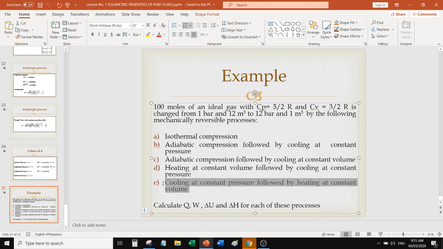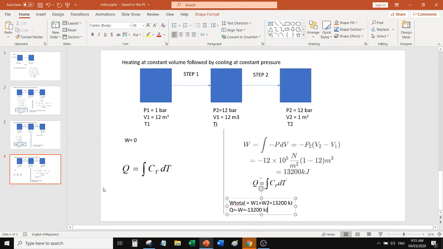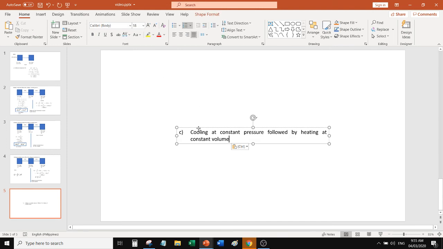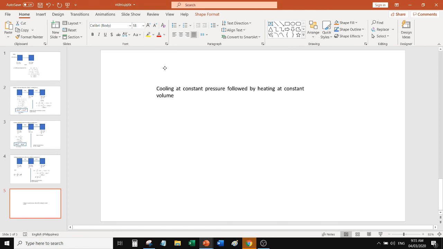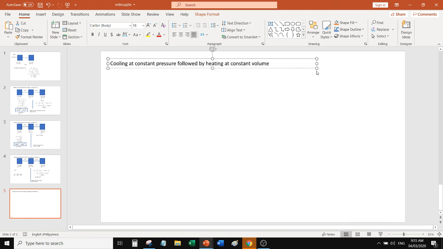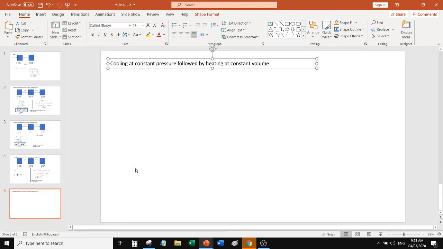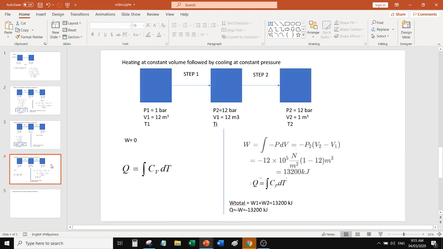Lastly, letter E. This is letter E. Cooling at constant pressure followed by heating at constant volume.